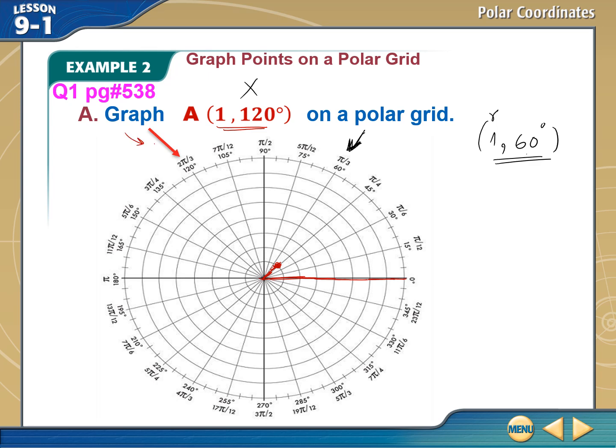And r is 1, so on the first circle. This is the first circle which shows the 120 degrees. So this is our point. You can make it like this also, no problem, and you can show the angle like this also. But even if you are not doing it, just show the point. The point is the most important thing.